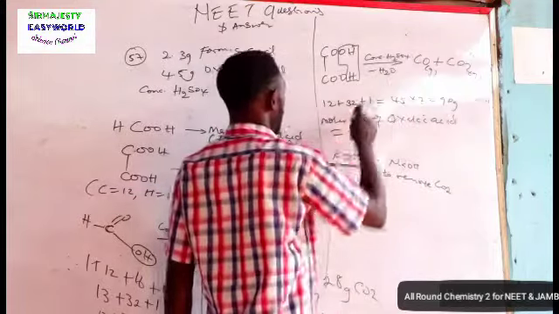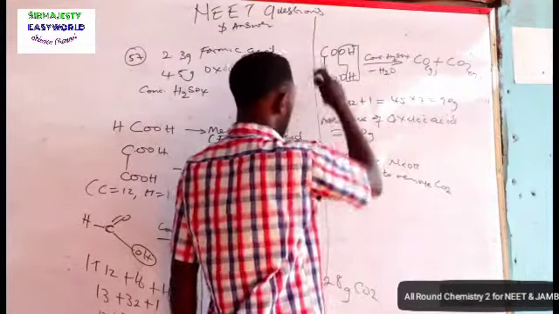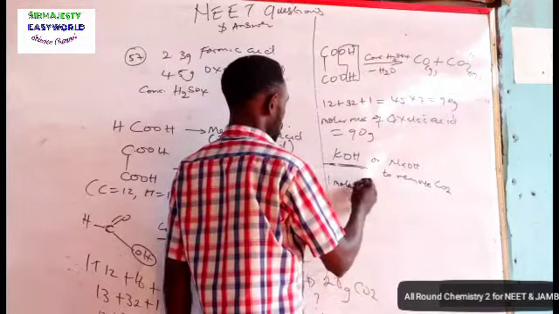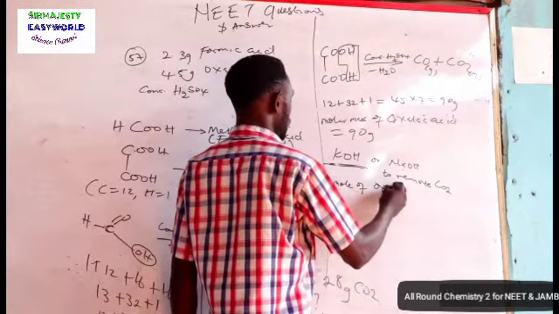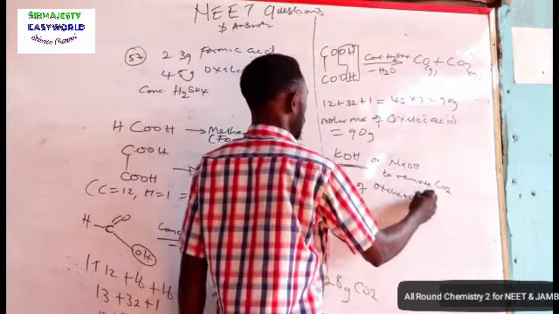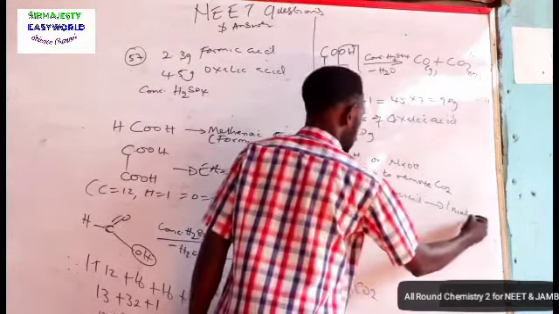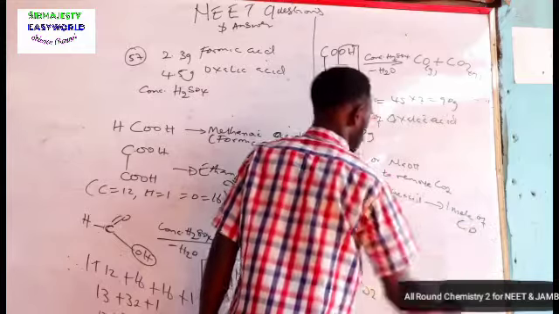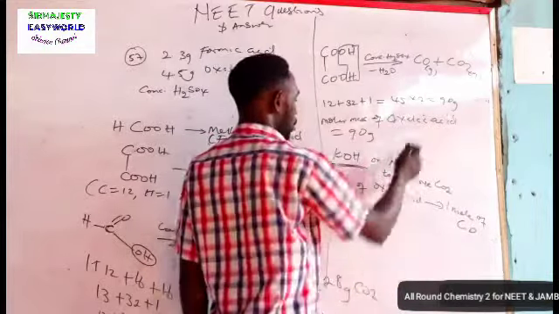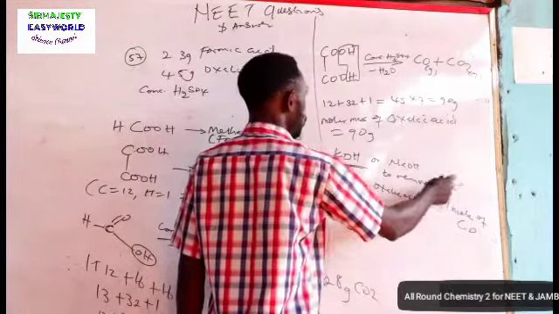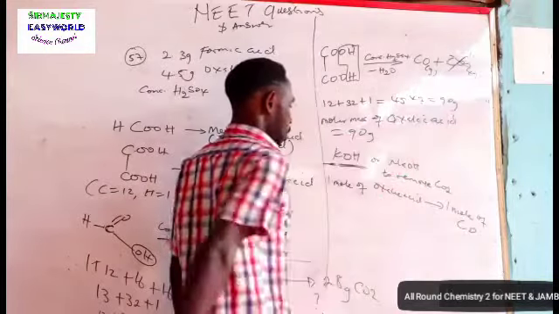So from the equation, you can now see that 1 mole of oxalic acid will give us 1 mole of CO and also CO2, but CO2 has been removed, so this is no more considered.